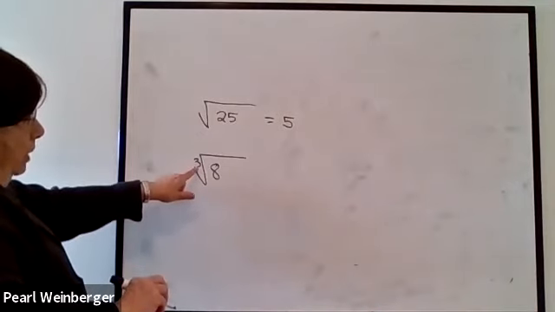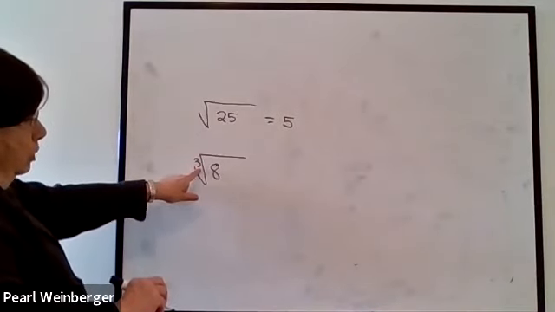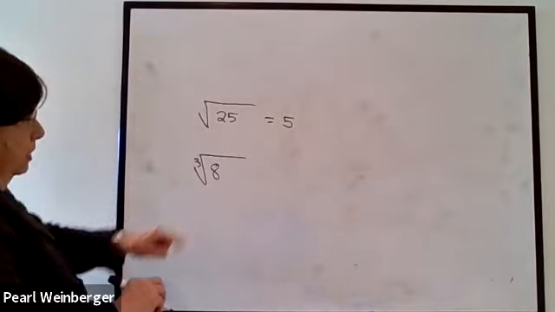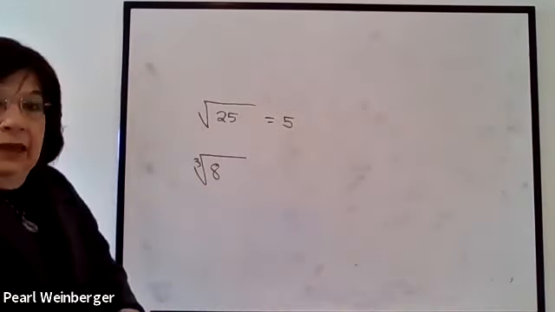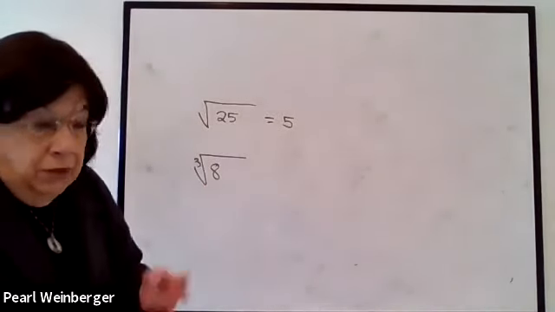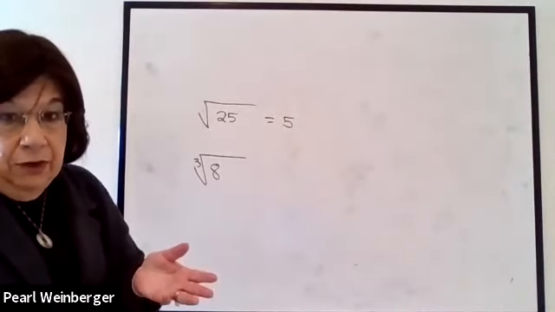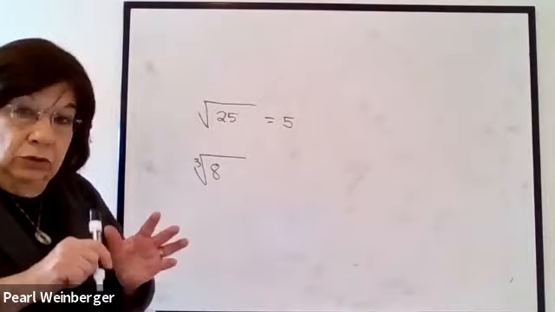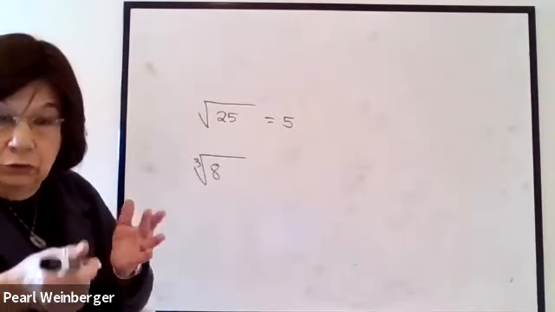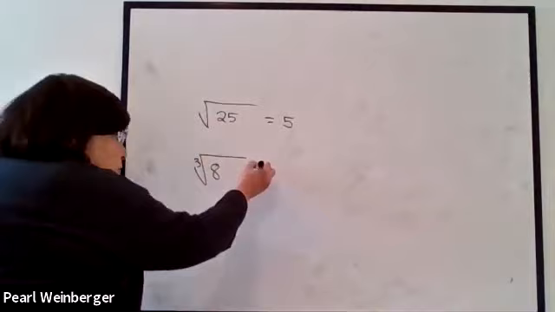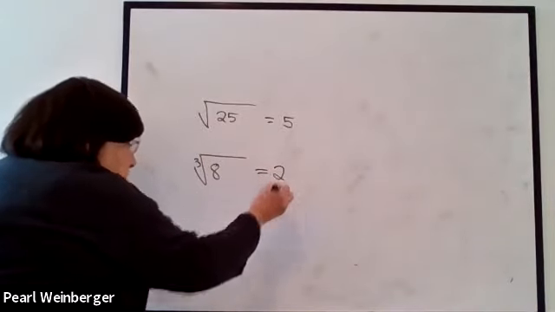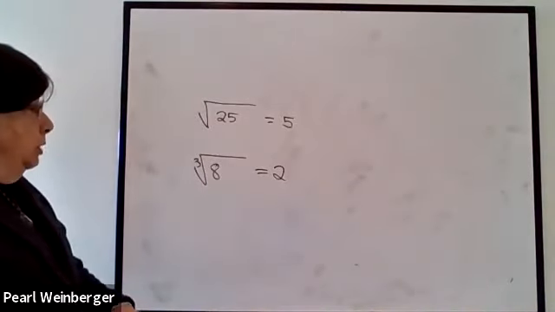This is read the third root or cube root of 8. And what we're looking for in that case is the number that you multiply 3 times to get 8. And I think everybody realizes it's going to be 2, because 2 times 2 is 4, and 4 times 2 is 8. The cube root of 8 is 2.